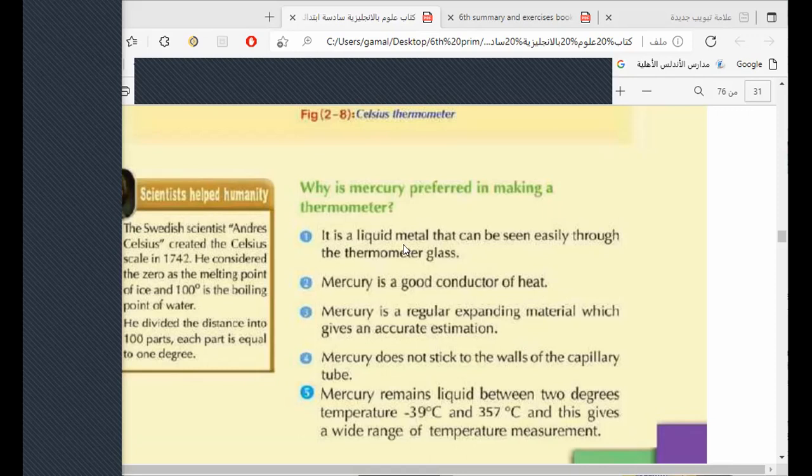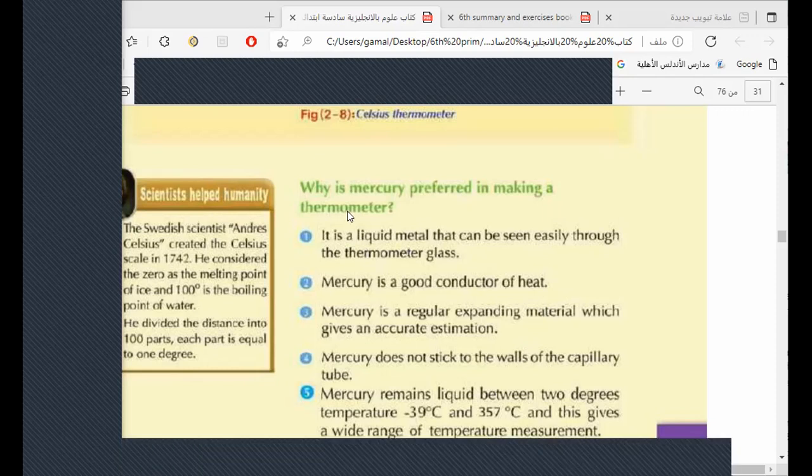Now I have to read this part. I need somebody to help me in reading why mercury is preferred in making thermometers. Who is ready? Islam or Osama?